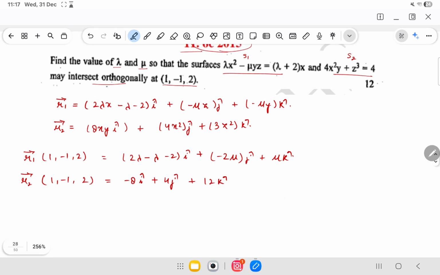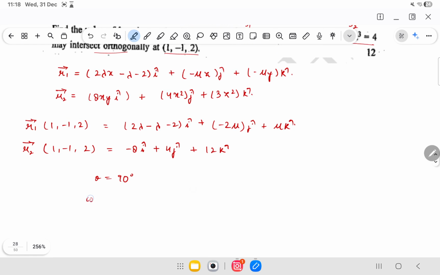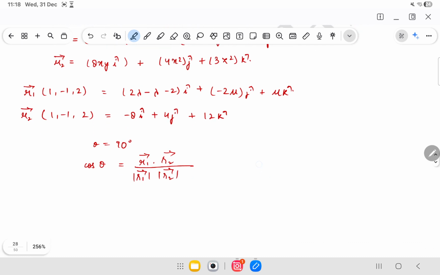Now it is given to us that these two surfaces intersect each other orthogonally. That means theta is equal to 90 degrees, and we know that the angle between two surfaces is given by cos theta equals r1 cap dot r2 cap divided by their absolute values. Here theta is 90 and cos 90 is 0.